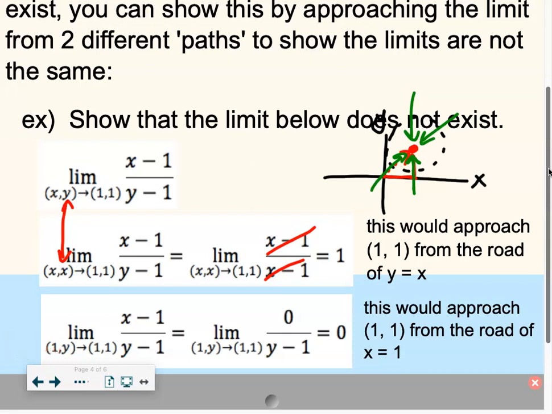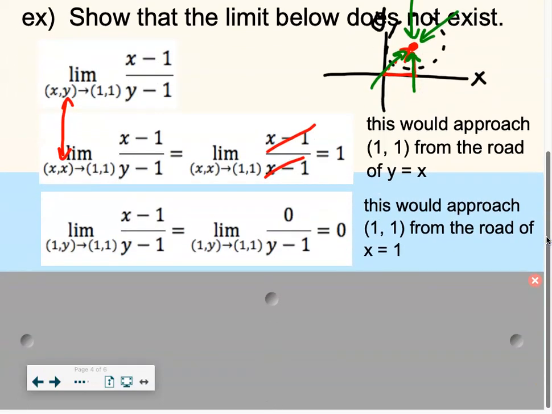If you let your x be a constant and keep y as y, then you plug in a 1 for x, you get 0 over y minus 1. I know this is really weird, but you are allowed to say 0 over y minus 1 equals 0.